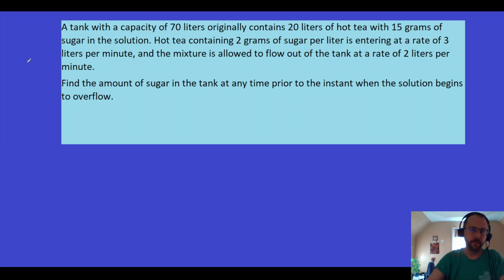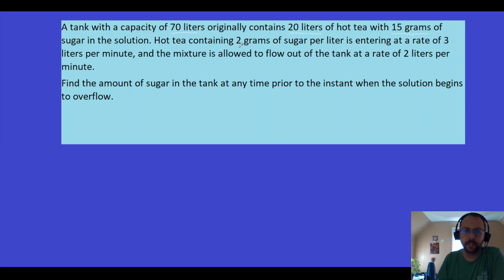Yeah. So what we have here is this tank. The max capacity is 70 liters. It initially contains 20 liters of hot tea, and there are 15 grams worth of sugar in that tea.